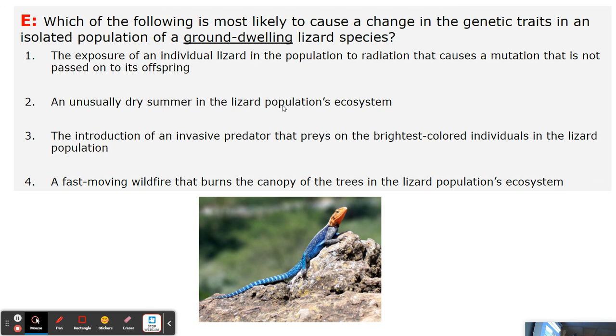They will pass their genetic traits regardless, as well as number 1, the exposure of an individual lizard in the population to radiation. That's just one lizard, so that is not going to change the genetic traits over time.